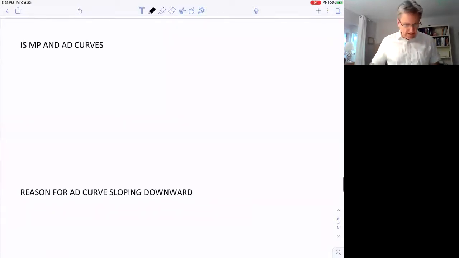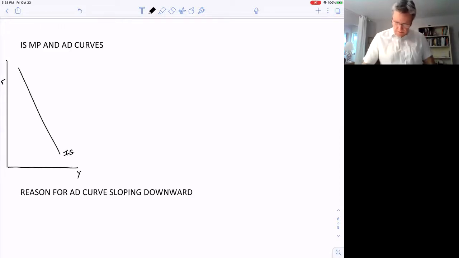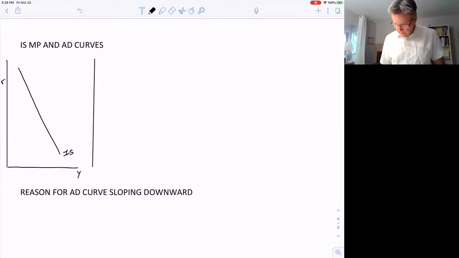Okay, so I'm going to put everything together here. First, I'll draw the IS curve, which has R up here and Y over here. Then I'm going to draw the MP curve. They don't both go on the same graph like the IS and LM do.